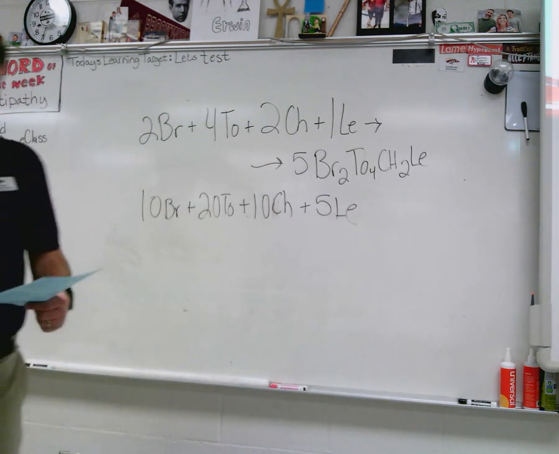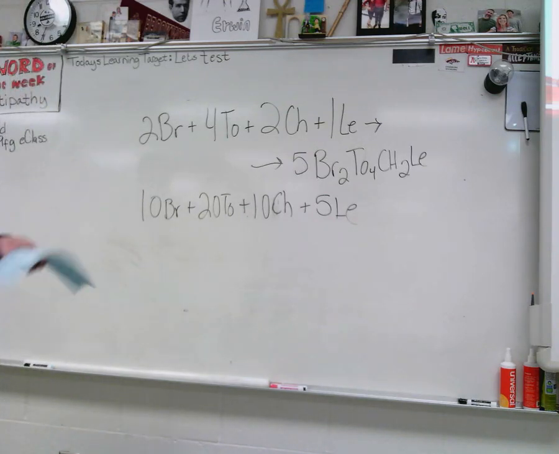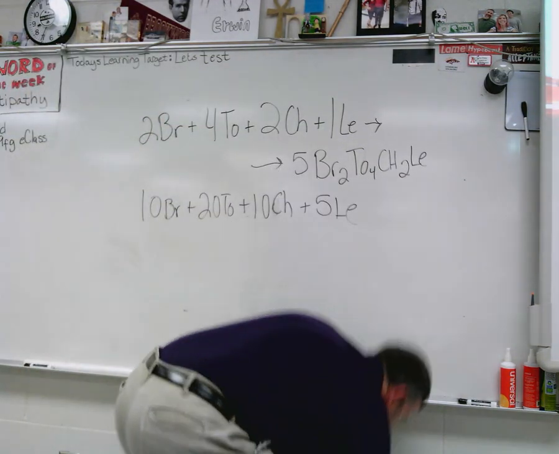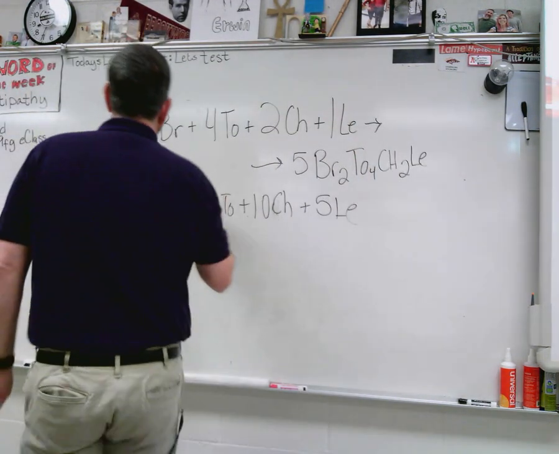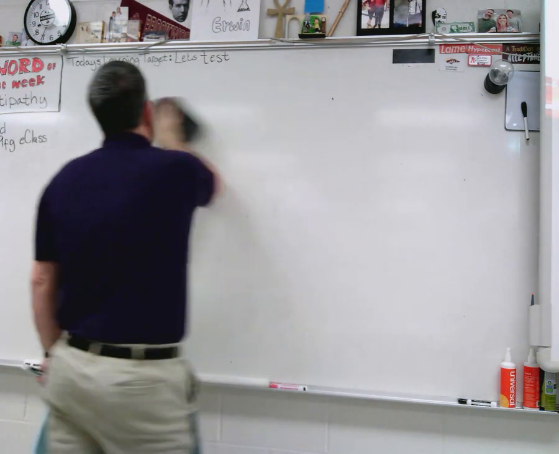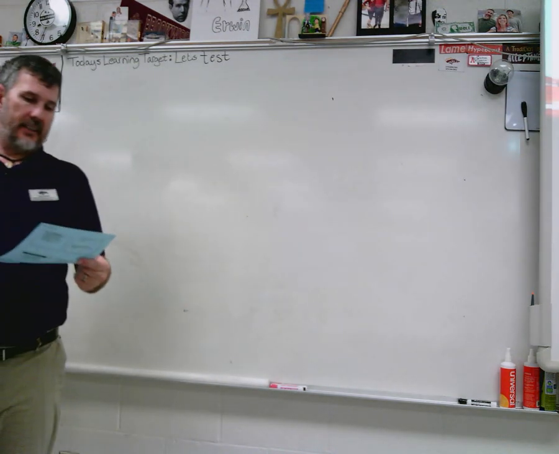There's an easier way to do this. There's a way to actually calculate it. It uses dimensional analysis because we're just converting moles to moles of something. It's very simple. So I'm not going to overload you, but let's talk about what they did here.